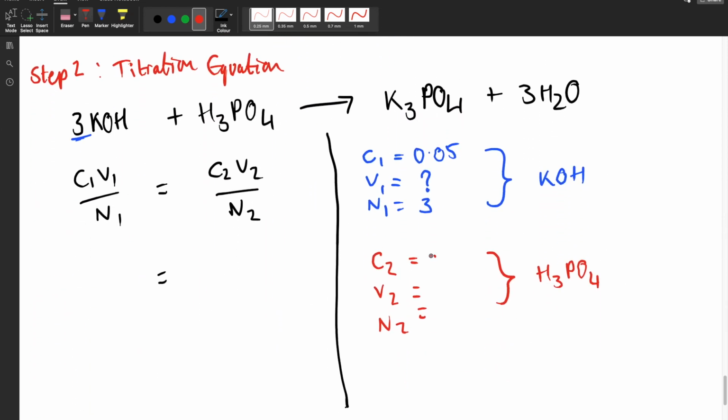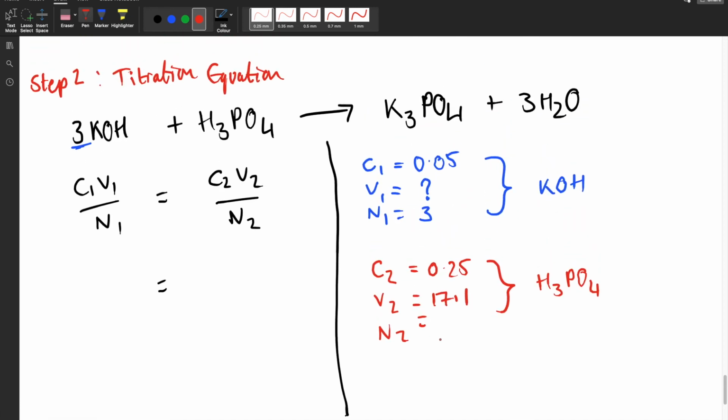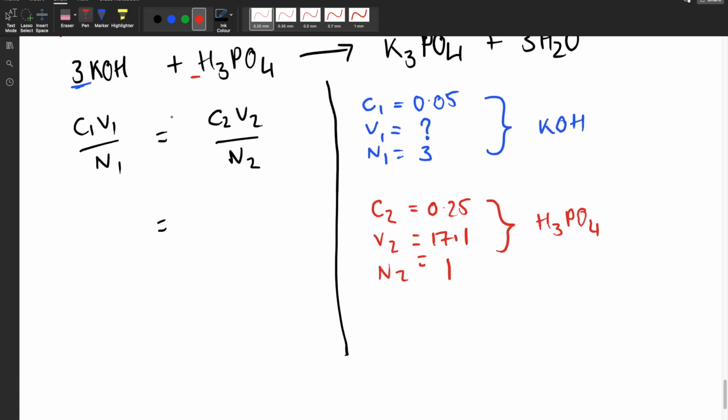So that would be 0.25 and 17.1 for them there. And we can figure out the N using our equation. Our N2 is actually 1. And all we have to do now, just like before, is put these numbers into our lovely equation there.